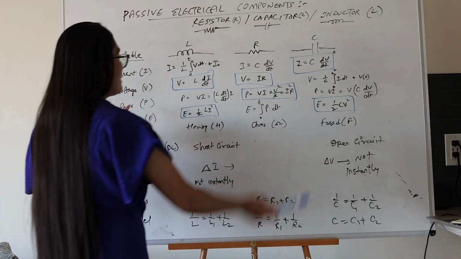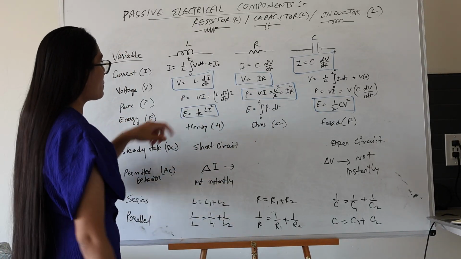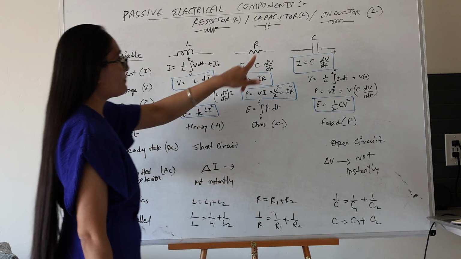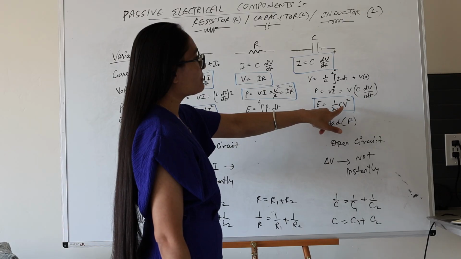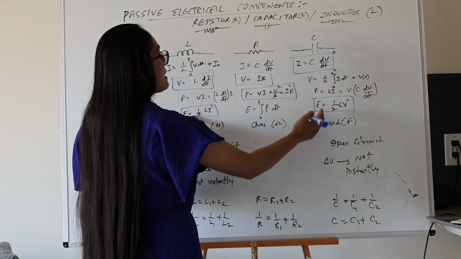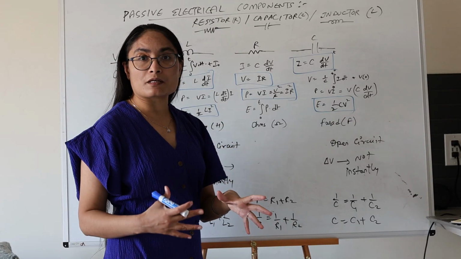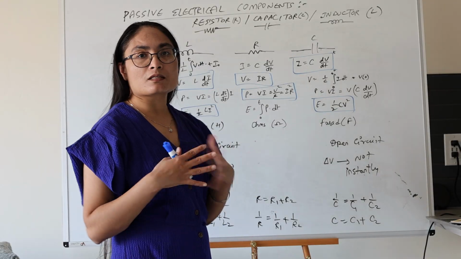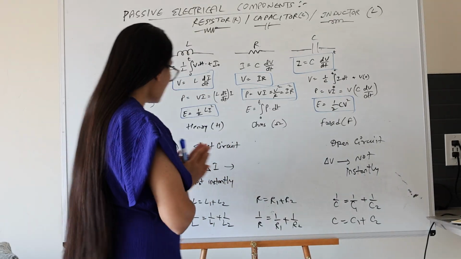Similarly, we have covered the power and then energy stored inside the inductor given by half L I squared, and for a capacitor it is equal to half C V squared. So inductor and capacitor both store energy, whereas a resistor dissipates it in the form of heat.